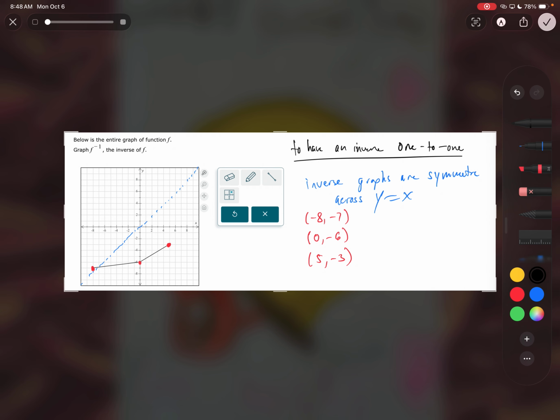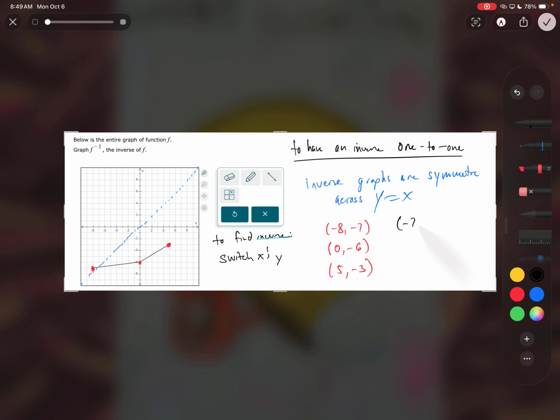To find the inverse, you switch the x and the y. So it's super easy. You just write a couple points, all the turning points, and then you switch the x and the y.